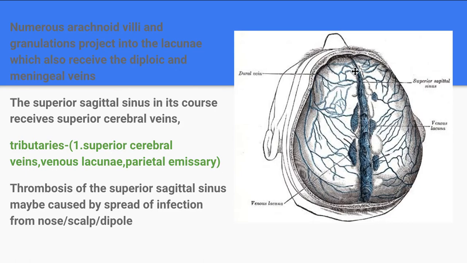So, in its course in the sagittal plane, it receives the arachnoid villi or the venous lacunae, superior cerebral vein, emissary, and diploic veins. Okay, and the thrombosis of the superior sagittal sinus may be caused by the spread of infection from the nose or the scalp or diploe, because all of these veins are valveless, right? So the infection can be transmitted through these veins from one area to another.